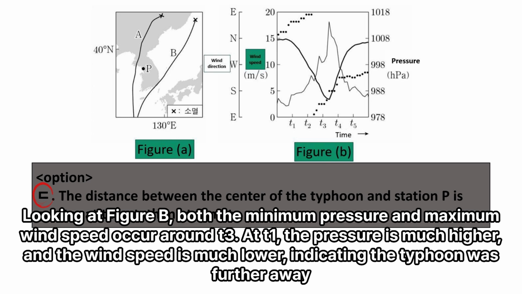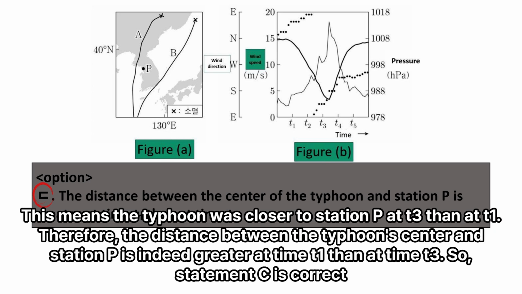At t1, the pressure is much higher and the wind speed is much lower, indicating the typhoon was further away. This means the typhoon was closer to Station P at t3 than at t1. Therefore, the distance between the typhoon's center and Station P is indeed greater at time t1 than at time t3. So, Statement C is correct.